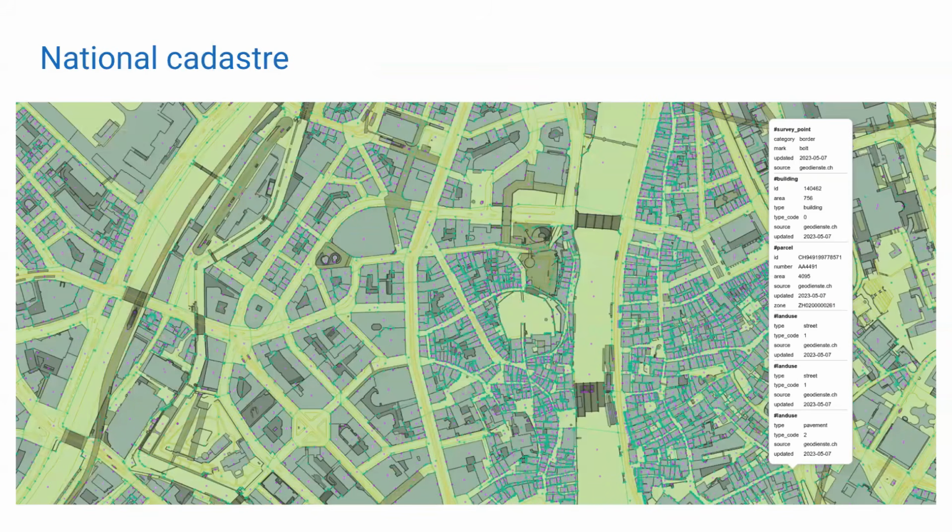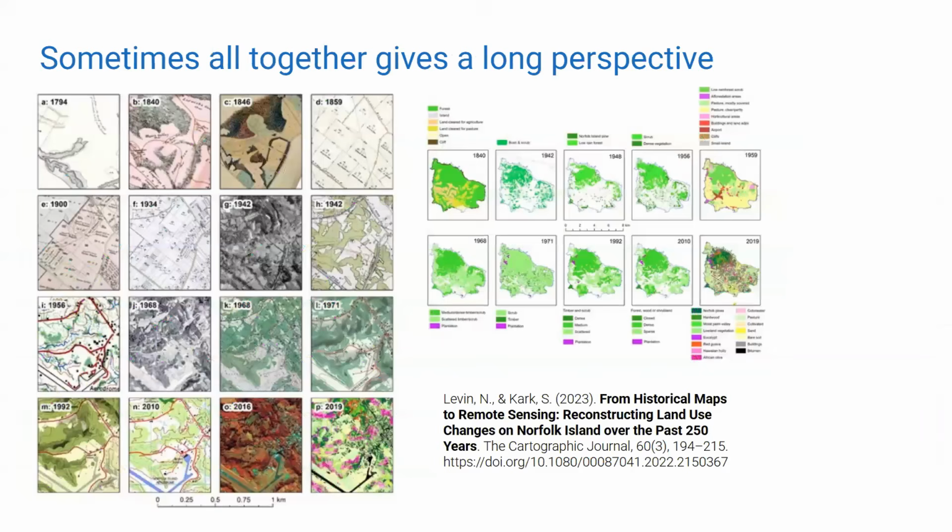In some countries, there are also national cadastre services good enough to provide you with such information. Usually this information is open, but depending on the country, the quality could be very different. And in real cases, you would most likely be forced to combine the data from a lot of sources and then unify them.